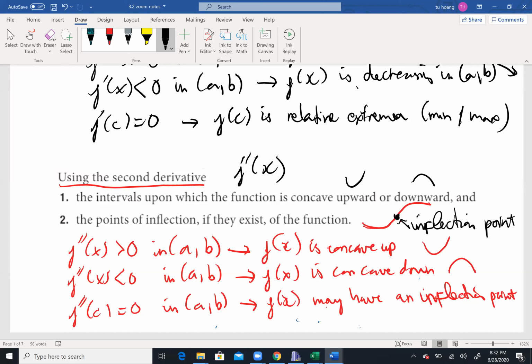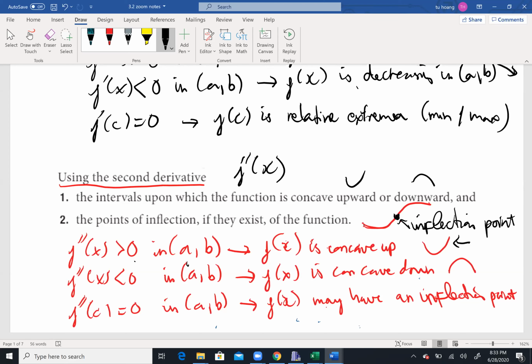And similarly with the first derivative, for the second derivative, if you have f double prime of x greater than 0 in a to b, that is going to give me f of x, the original one, is concave up. As you see, it is bigger here. In another way, if f double prime is less than 0 in a to b, then f is concave down.